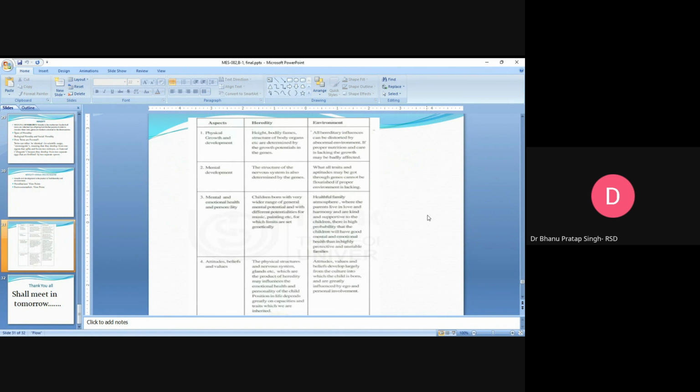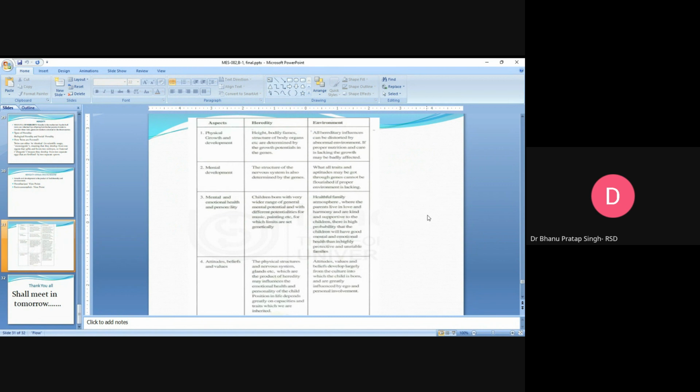If we talk about physical growth and development, under heredity, height, bodily frame, and structure of the body organs are determined by the growth potential in the genes. The genes are the factors which give the child the height that their parents have.